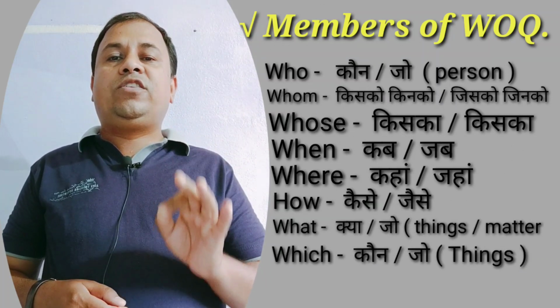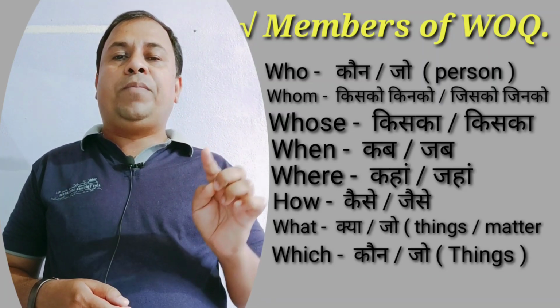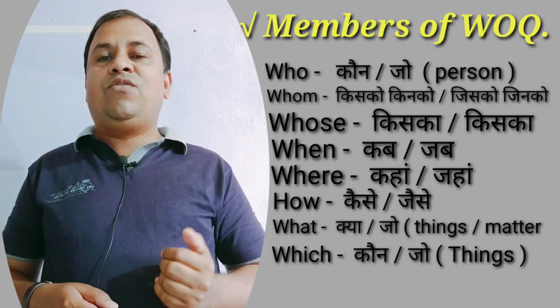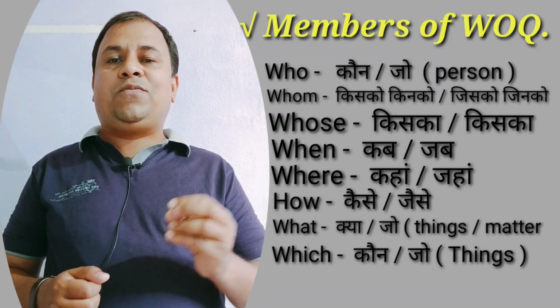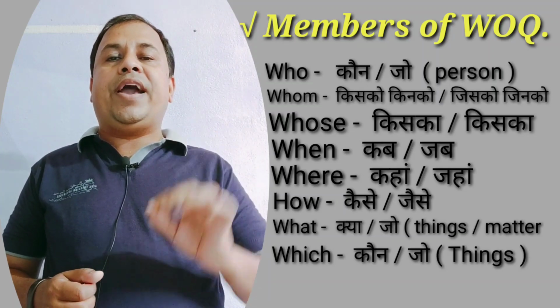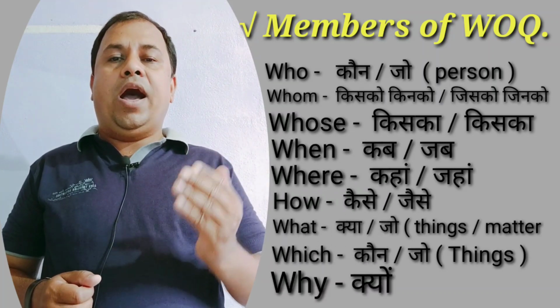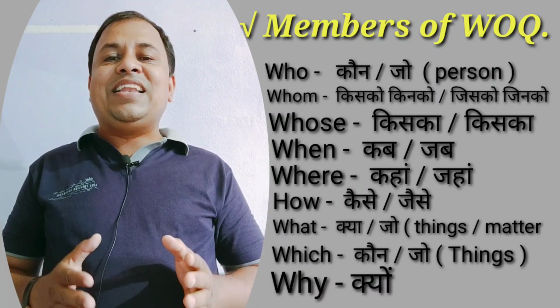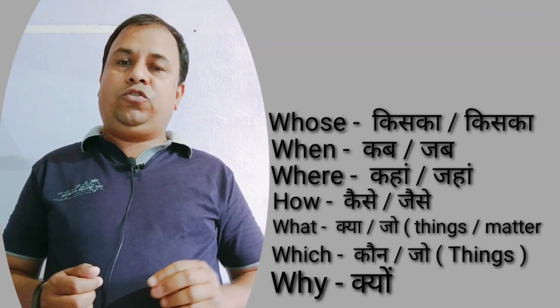This can be used only for things. Indirectly this can also be used for persons. I'll give you an example while teaching, when I teach you which. The last, number 9, is why. So these 9 words are the members of words of questions.